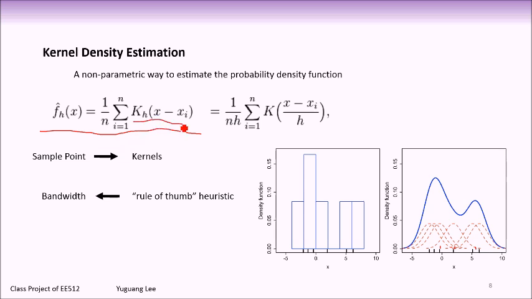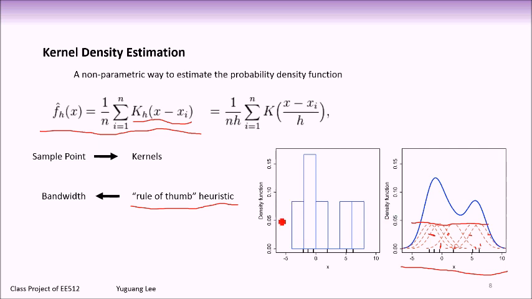Kernel density estimation assumes that this distribution is the summation of different kernel functions, and in our case the kernel function is described by Gaussian functions. Each has its center, as I show in this case, and its bandwidth, but the bandwidths are all the same, and they have weights.